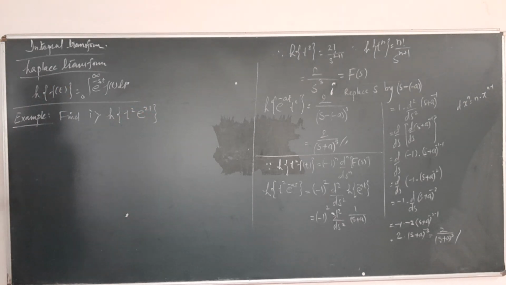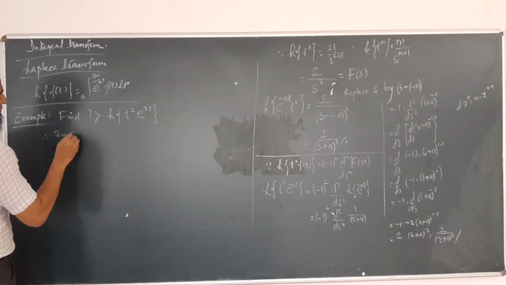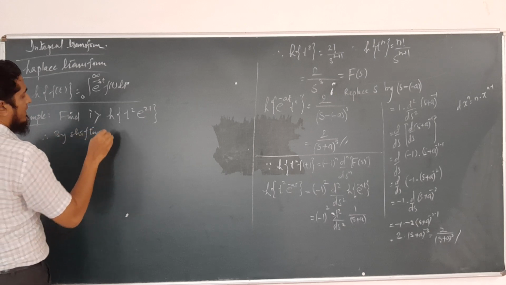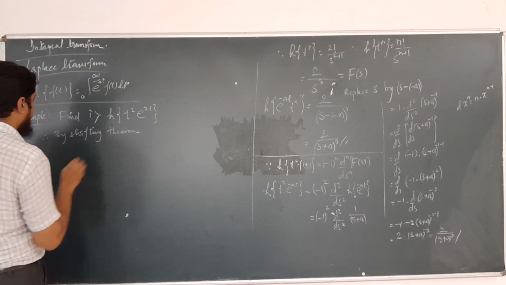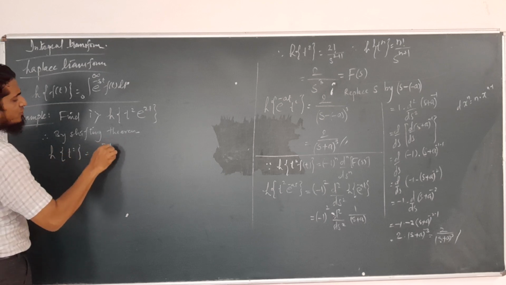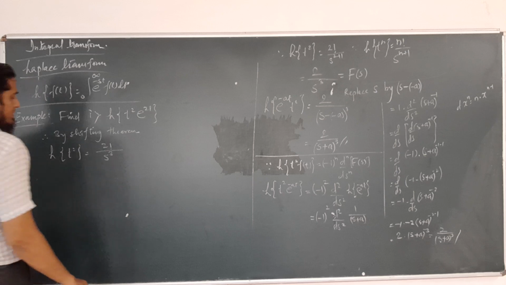Correct? If we go by the shifting theorem, let's see: the Laplace transform of t square becomes 2 factorial upon s raised to 3.